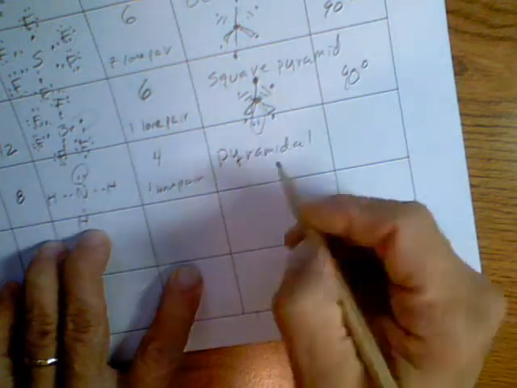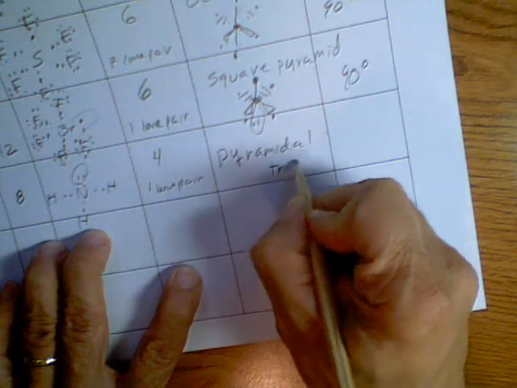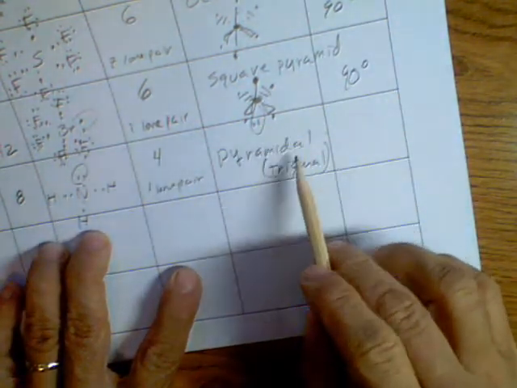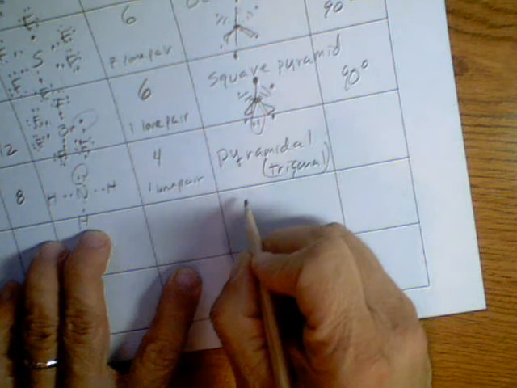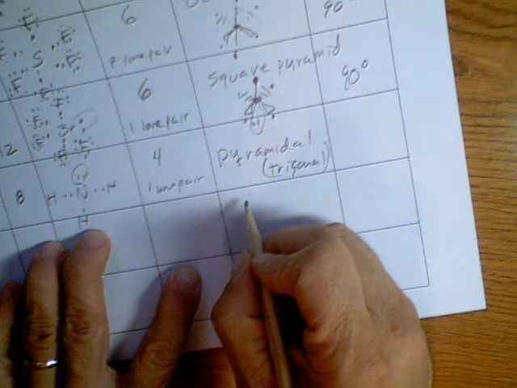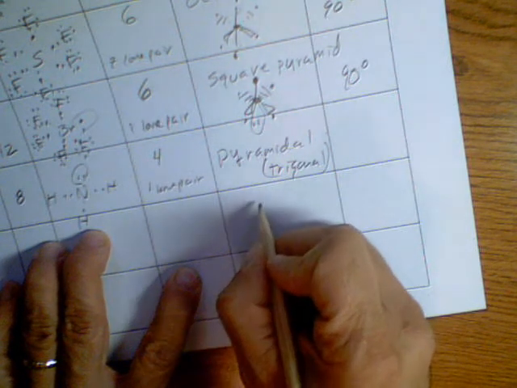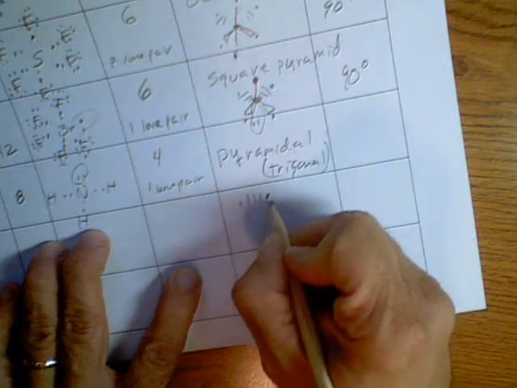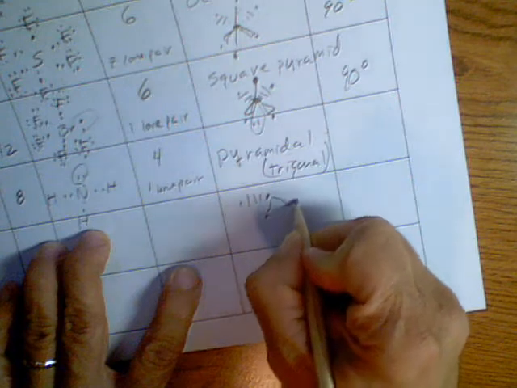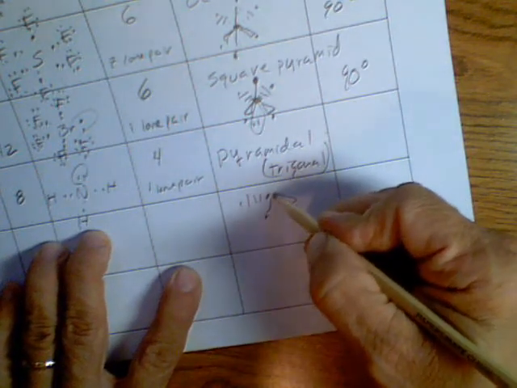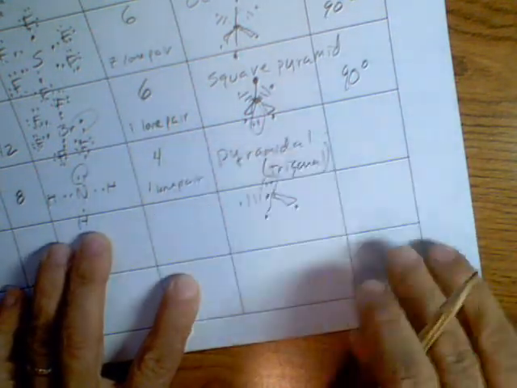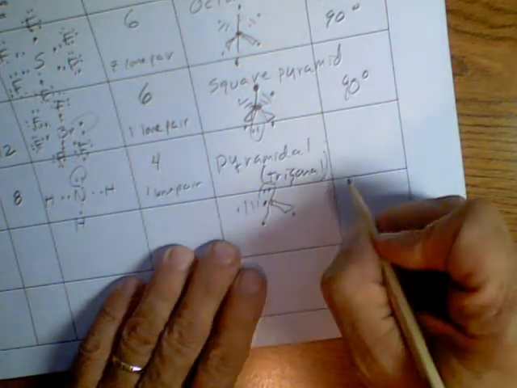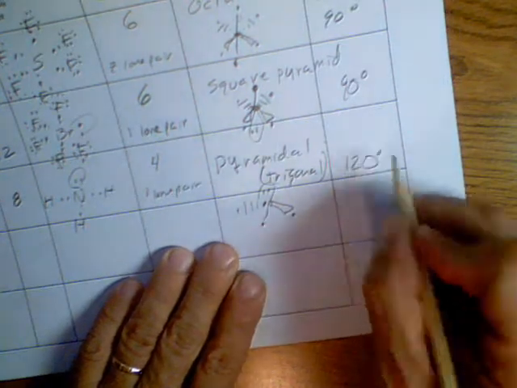Now we could be more clear and call this trigonal pyramidal, because you could have square pyramidal as well. We have 1, 2, 3, and so this is the pyramidal, and then we have a lone pair at the top. So it kind of makes a little pyramid, and all of the angles are 120 degrees.